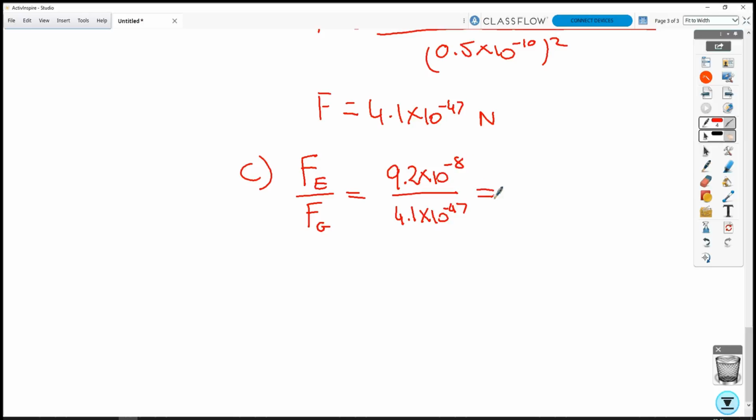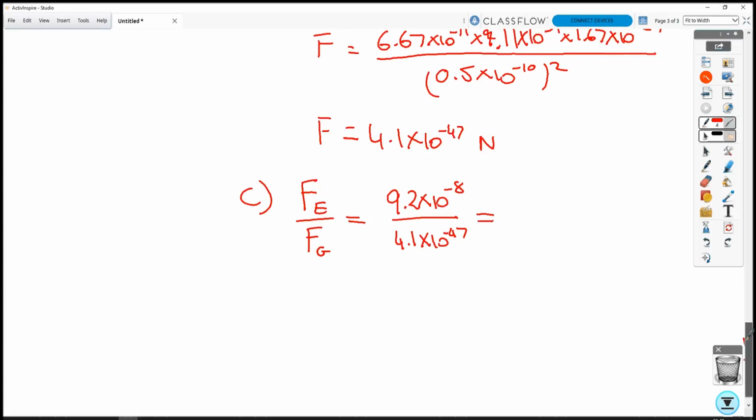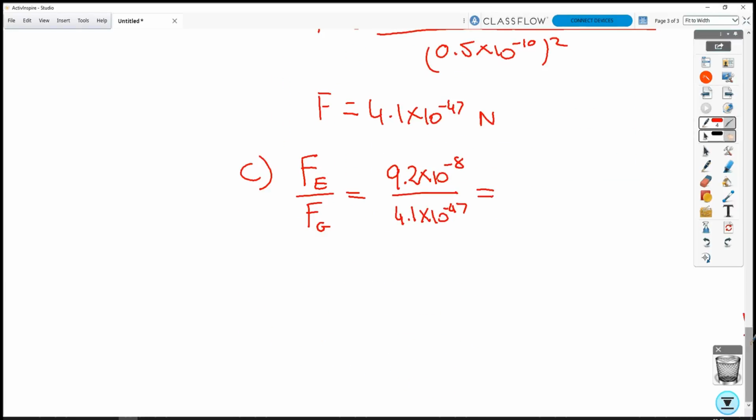Now if you put that into your calculator, what do you get? Was it 9.2 or 9.8? 9.2. So what does that give us? 2.2 times 10 to the 39.